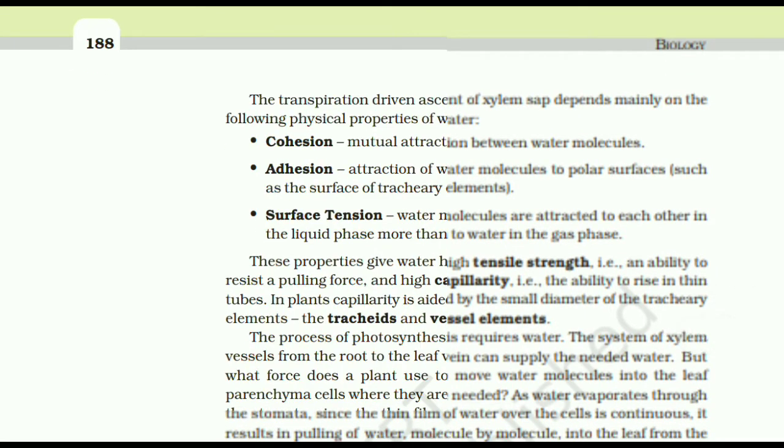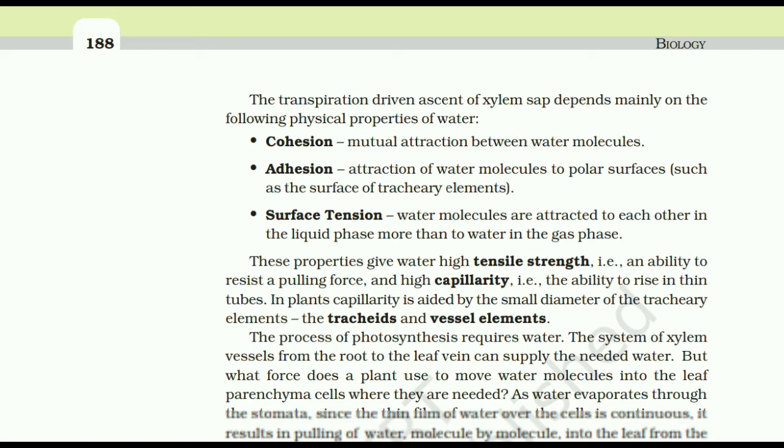The transpiration-driven ascent of xylem sap depends mainly on the following physical properties of water. Number 1. Cohesion, that is mutual attraction between the water molecules. Number 2. Adhesion, that is attraction of water molecules to polar surfaces such as the surface of the tracheary elements. Number 3. Surface tension.